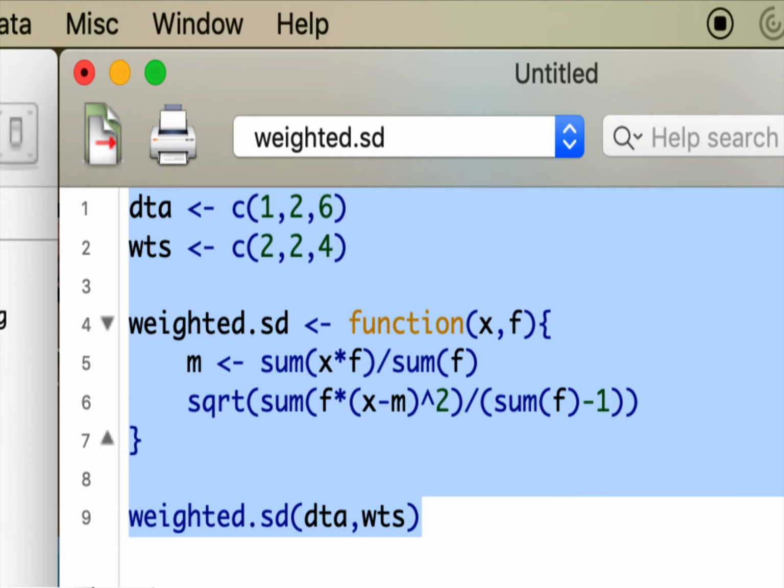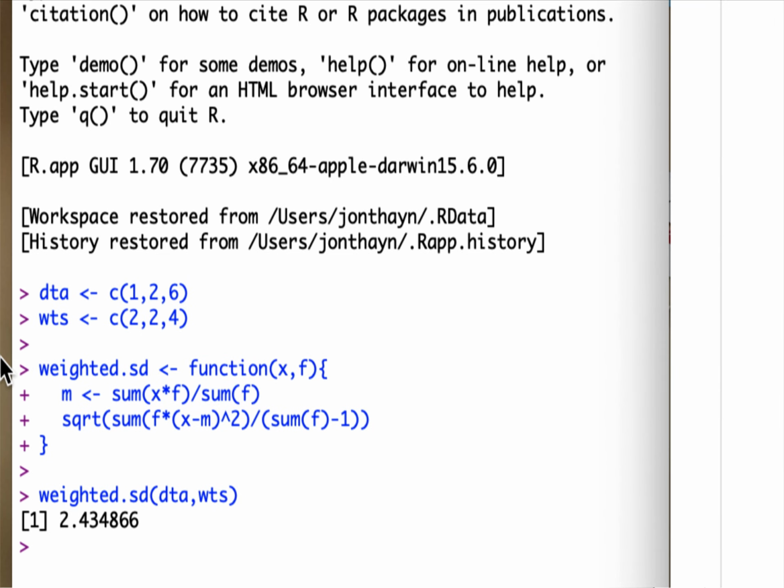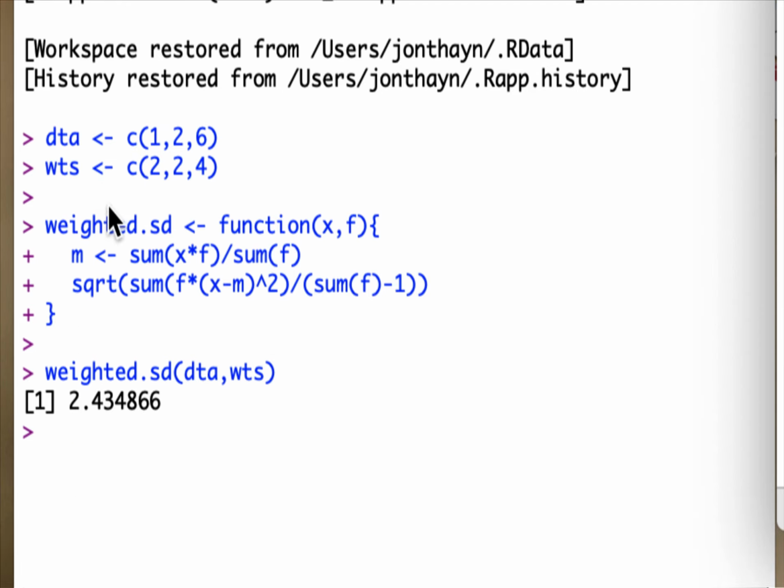If you're on a Windows machine, hold down Control and hit R. Here's our data and our weights, here's our function that calculates the weighted standard deviation, and here's the answer, 2.434866. The biggest issue I have is that almost every time I do this, I forget that I have to calculate the weighted mean to use here instead of just the standard mean. But once you do that, calculating the weighted standard deviation is very, very easy.